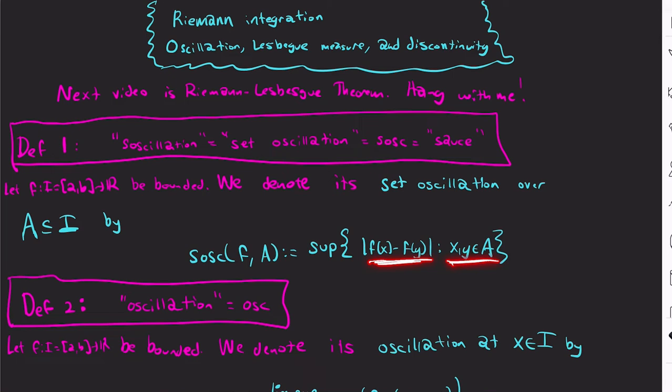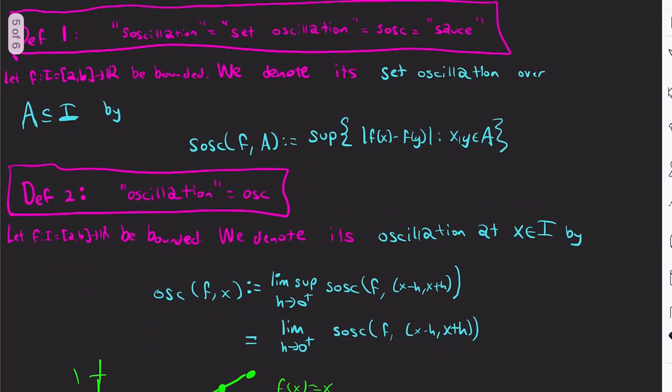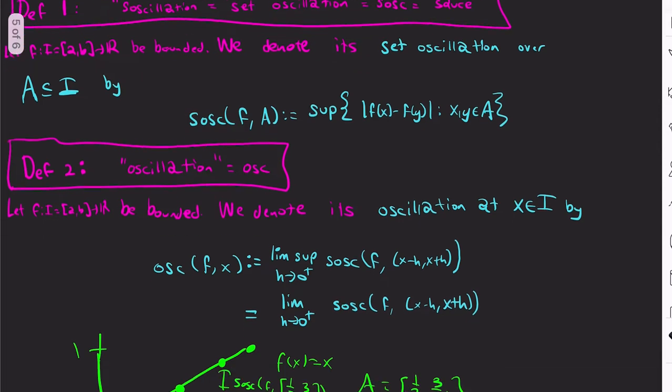So we don't care if they're close, okay? Oscillation, we care if they're close, and we use that definition to define oscillation. So that's why we use set oscillation. Most authors will do this as not a separate term, but I just like to do it for clarity.